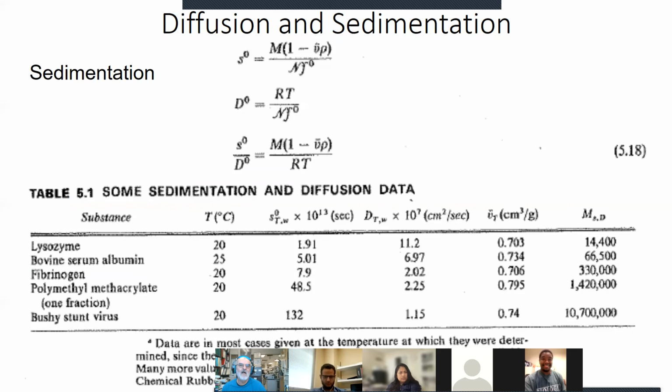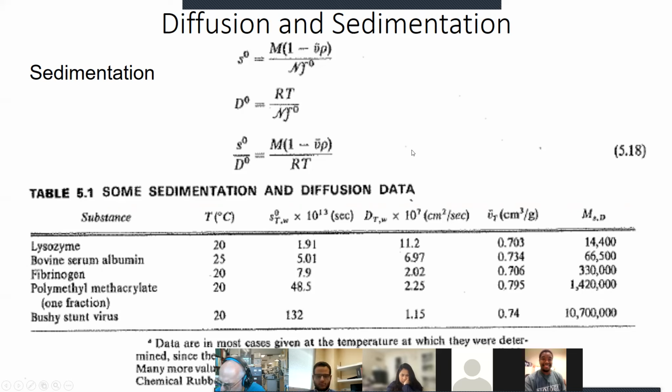Okay, and again, this is showing another summary of different kinds of molecules, including a polymer, their S value, their D value, their molecular weights. It's showing you some temperature dependence that might be going on. Okay, but again, it's giving you information about the relationship between S and M, D and M, etc.